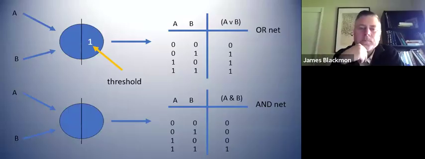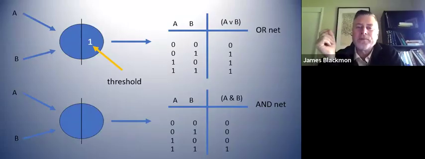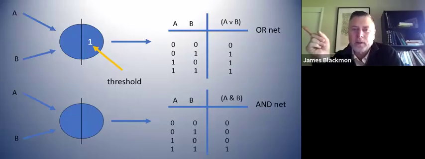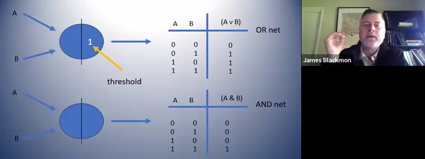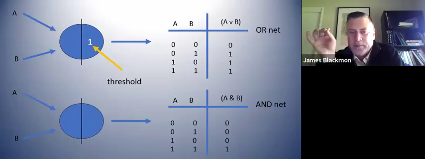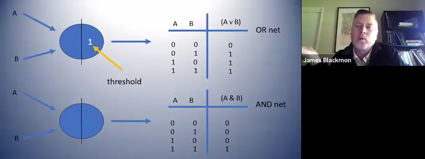So A alone is sufficient for making it produce an output of 1, and B alone is sufficient too. If both A and B send in their inputs, then it adds up to 2, and 2 is greater than 1, so again it'll produce an output of 1.